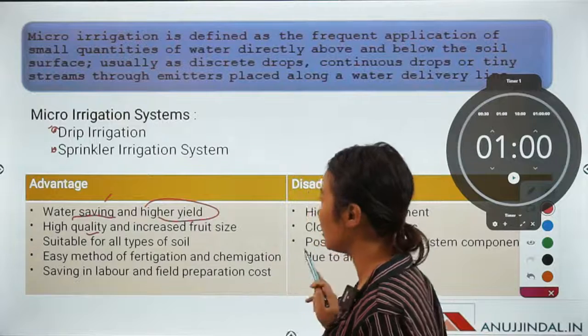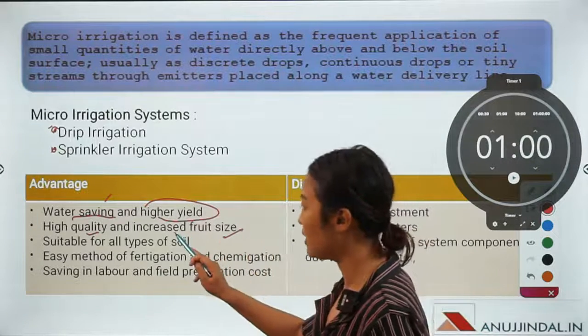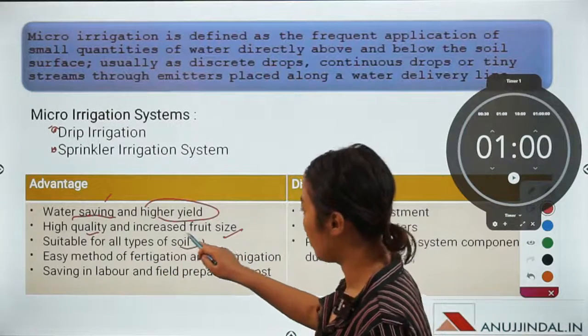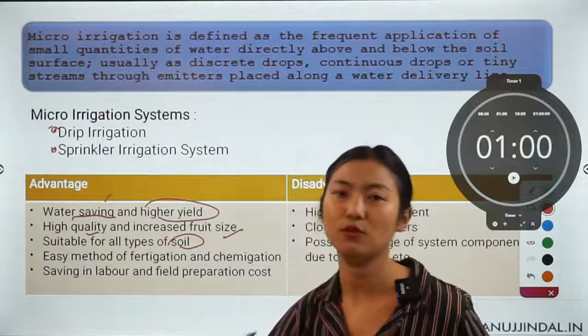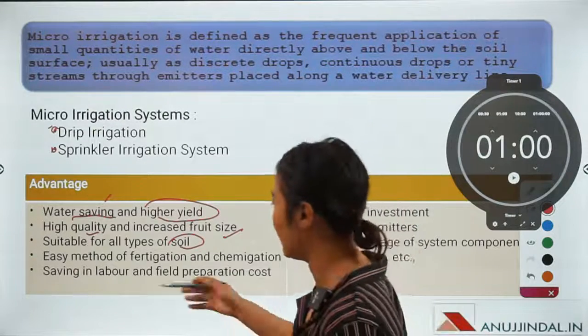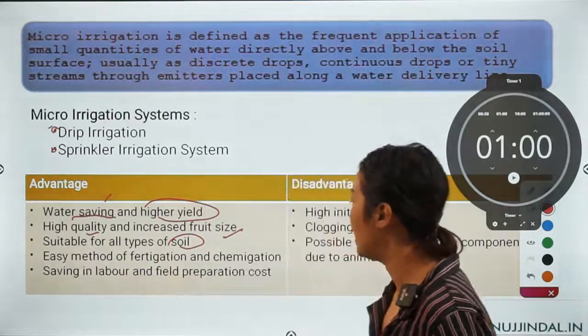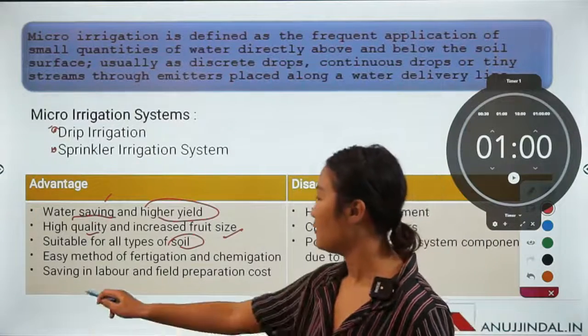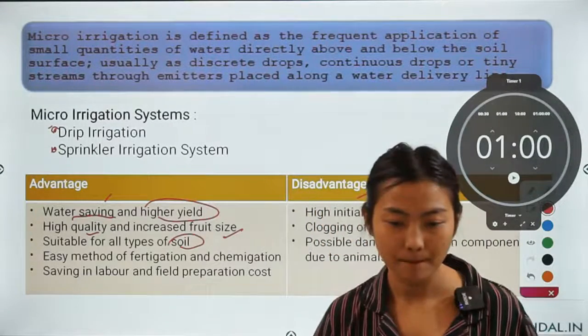High quality and increased fruit size can be seen as well. It is suitable for all types of soils, but mostly for loam or sandy soils, as I've said. And it's an easy method of fertigation and chemigation, saving labor and field preparation.